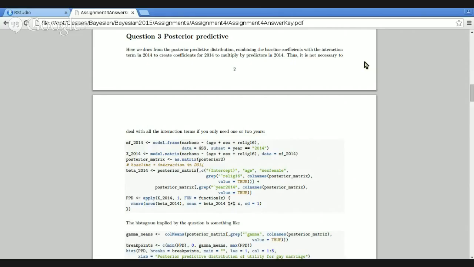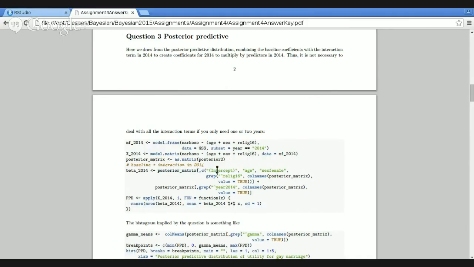So this X 2014 only had 15 columns or so, one for the intercept, one for age, one for sex, and then a bunch for the religions, but not like hundreds, due to all the interaction terms. And so then you just need to select the relevant columns.